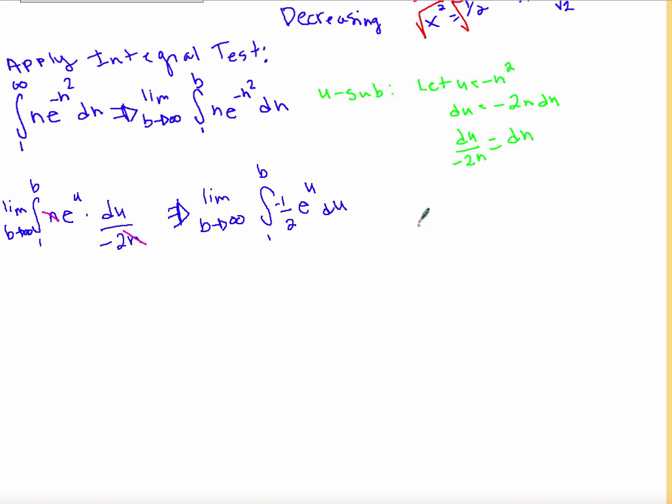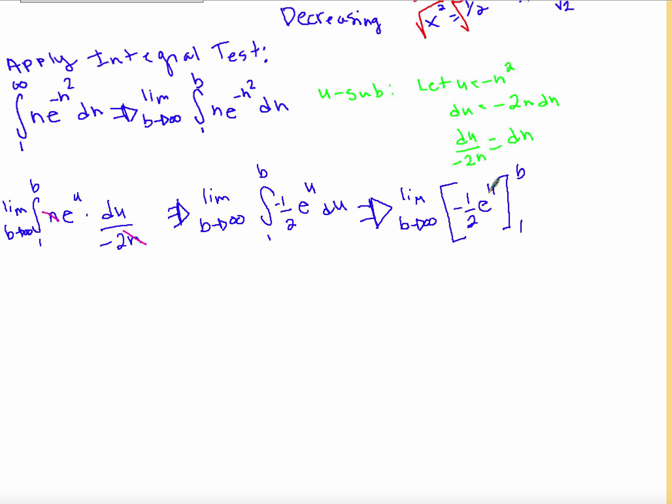That looks nicer. Now this I can take the integral of rather easily. So can you. So let's try it. We've got the limit as b goes to infinity of, now we're taking the antiderivative, so I've got negative 1/2. I love taking antiderivatives or derivatives of exponential functions with the natural base because they just say their own name. That's e to the u. And we're taking that from 1 to b.